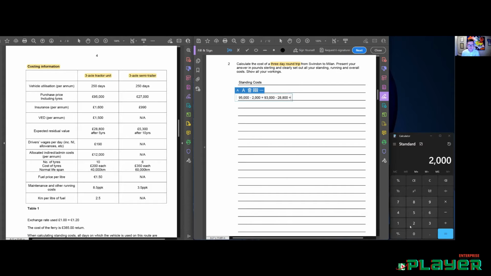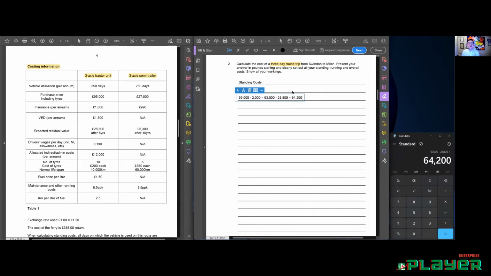When I do it on the calculator, 93,000 minus 28,800 is 64,200. Now that is the amount of money that my vehicle loses over the time that I own it.